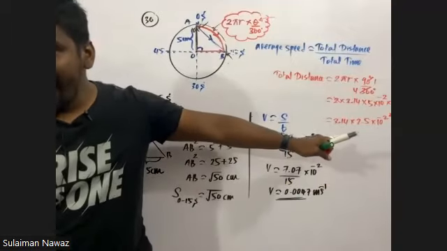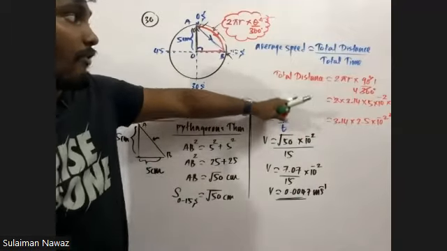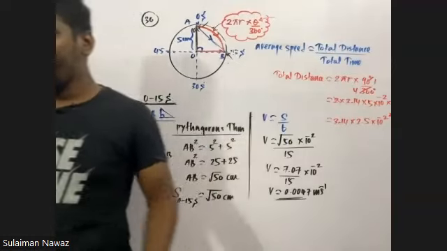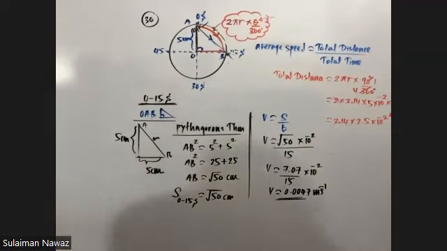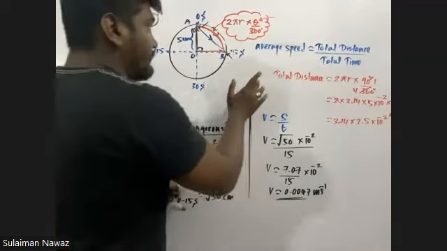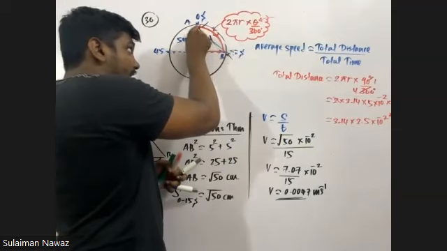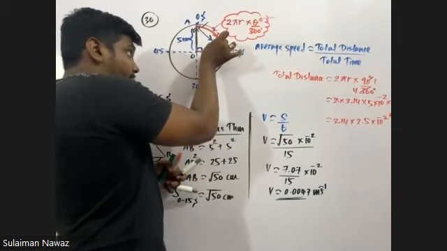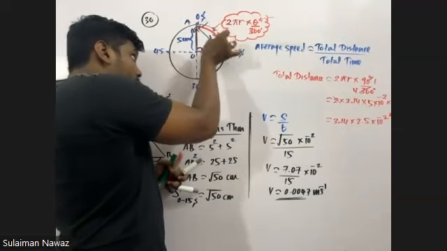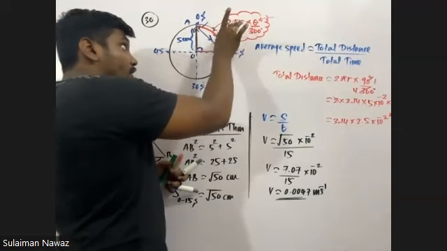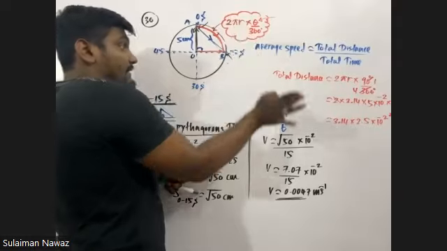How many of you understand how I obtained the total distance? Raise your hand if you understand. It's very simple. The distance traveled by the second hand is a circular arc. To find the length of a circular arc, we use 2πr θ over 360.